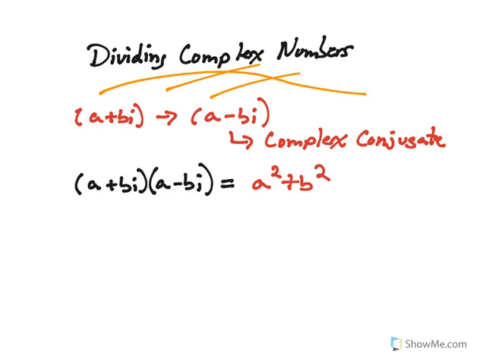Okay? So just a couple of examples. We'll do one here. So let's say you had 2 minus i over 4 plus i. And what that equals is, sorry, I have to do the conjugate.